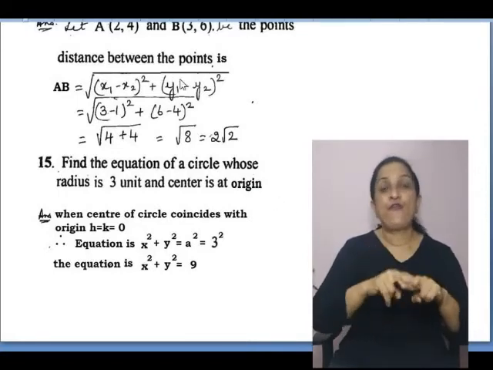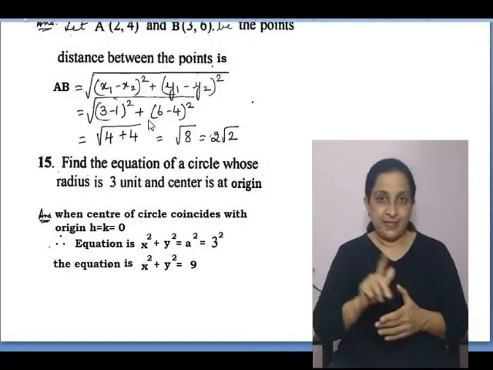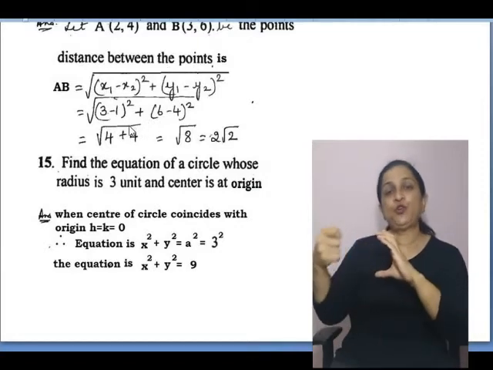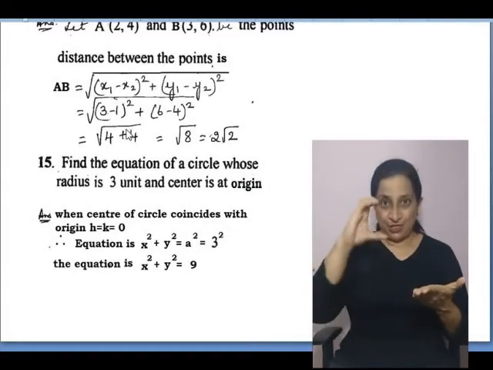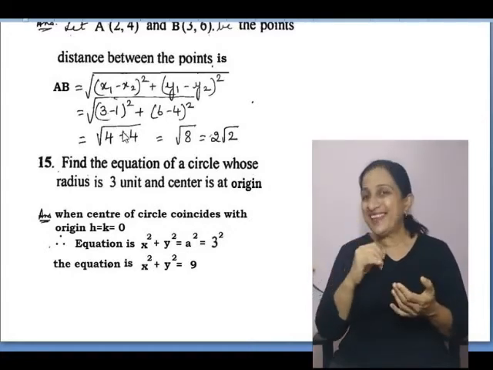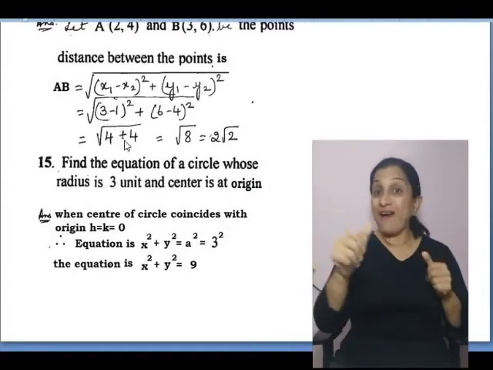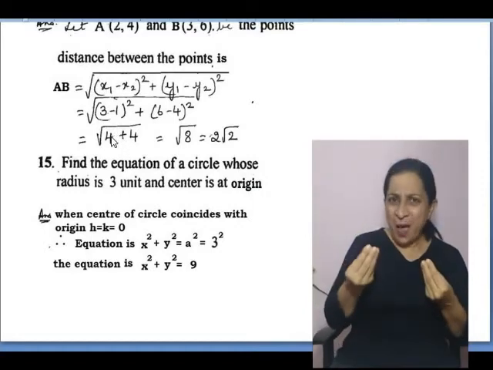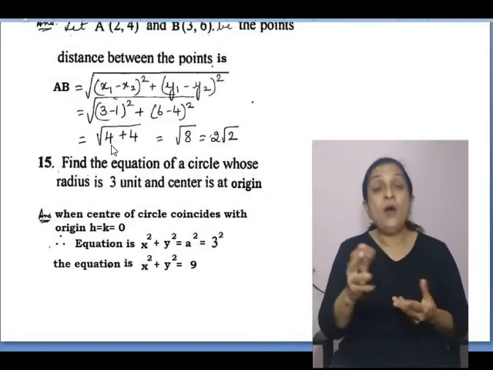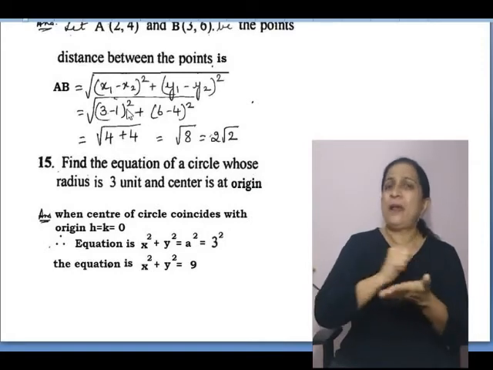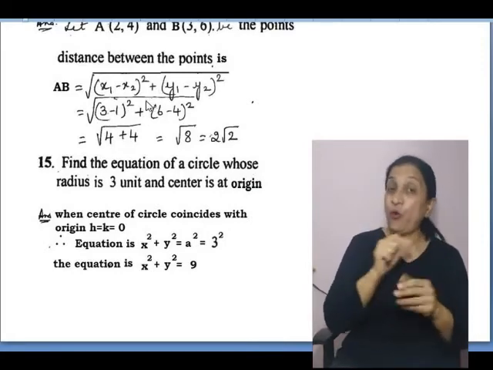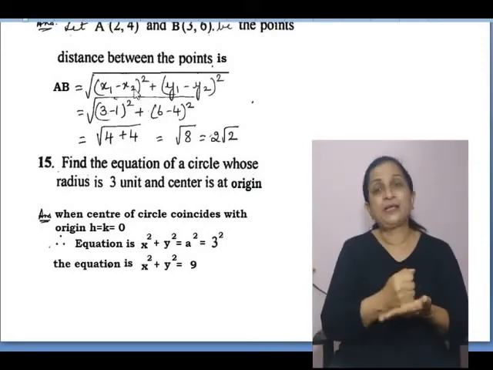So we will next go to section C. I once again suggest that you practice 1 or 2, because section C has little lengthy questions and you may not get very easy problems to solve. So you better concentrate on section 1 and 2 just by remembering and practicing with the formula.